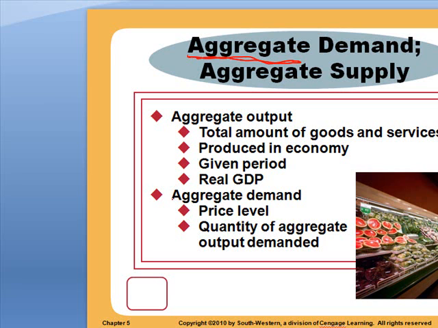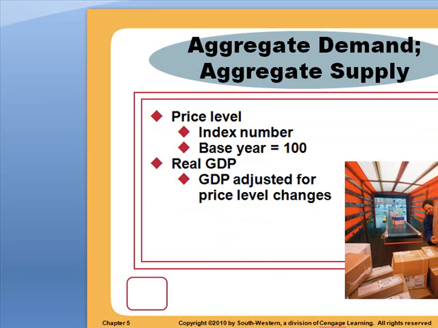We'll talk more later on in the semester about inflation, but briefly it just means that we've got this basket of goods that we're looking at over a number of years, and we're seeing if the price levels on average are going up or not for all of these goods. So when we're measuring aggregate demand, we're looking at different price levels and the quantity of output demanded. This is also known as real GDP.